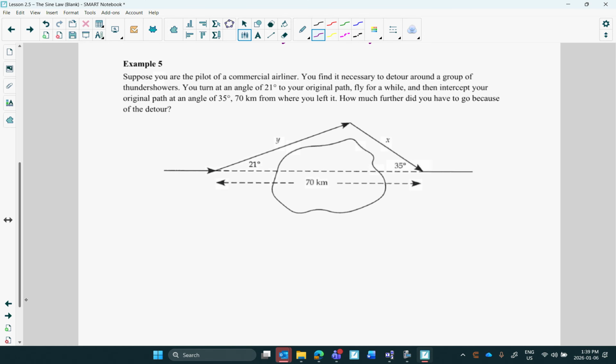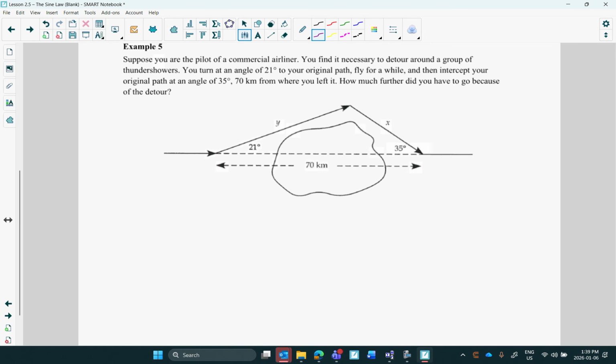So this one: you're on a plane, flying this way, and you're heading into a thunderstorm. So you are diverted off 21 degrees of your path. You fly for a certain distance and then you change your course to go back to your original path. We need to know how long the detour was.